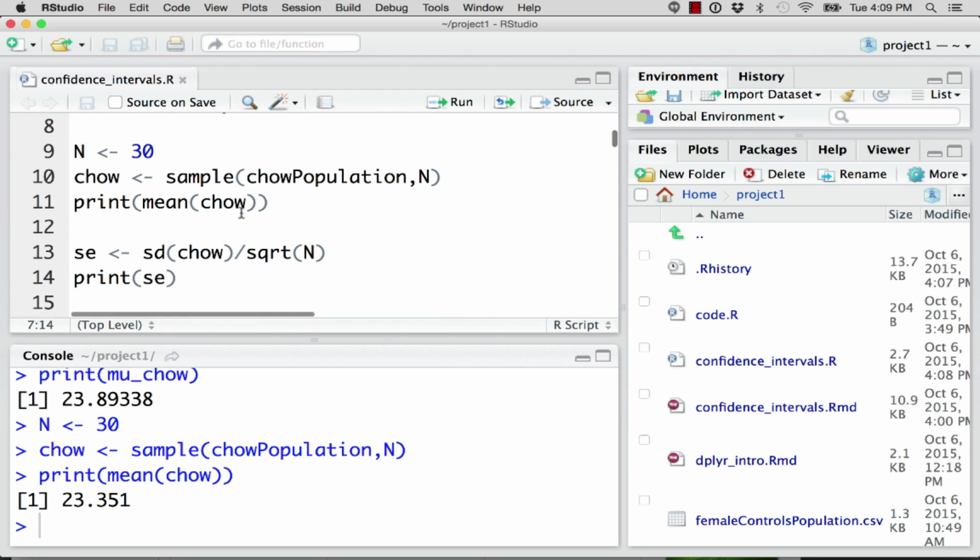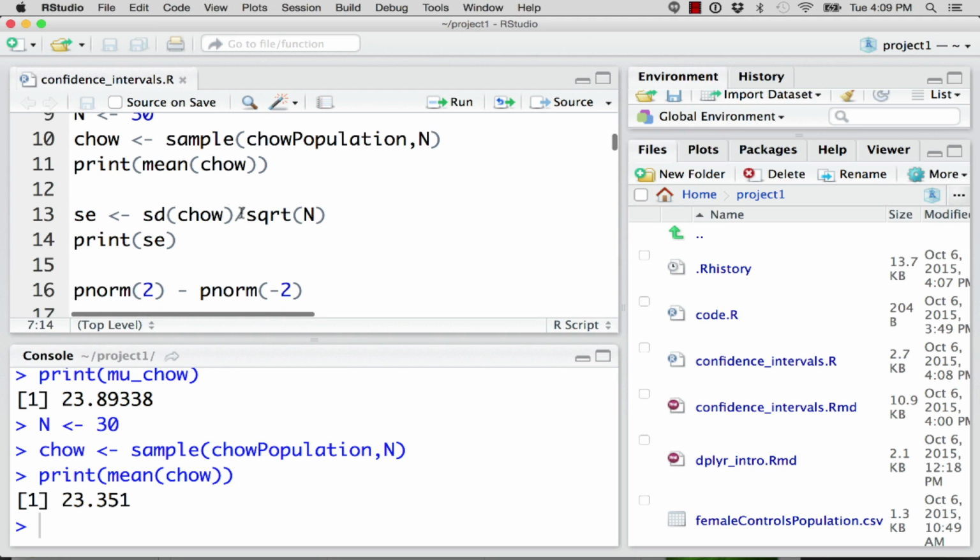So what we do here is we're going to take advantage of the central limit theorem. We're going to assume that the sample average is normally distributed. So that means that we can construct a random variable that is normally distributed, has mean 0 and standard deviation 1. So we do that.